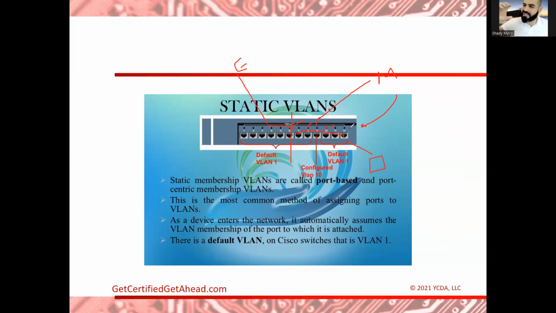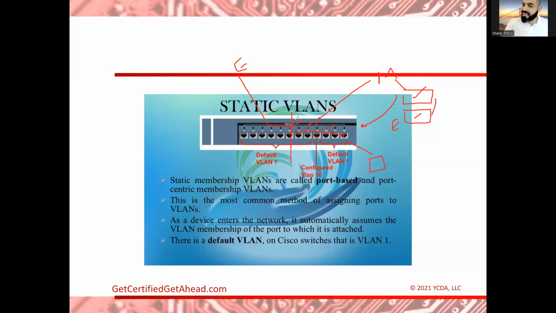I segmented the switch into 2 areas, and both areas will not be able to see each other's traffic. They are completely different LANs. It's as if you bought 2 switches, connected the marketing team to one and the engineering team to the other. Because they are separate, they will not be able to see each other's traffic back and forth.